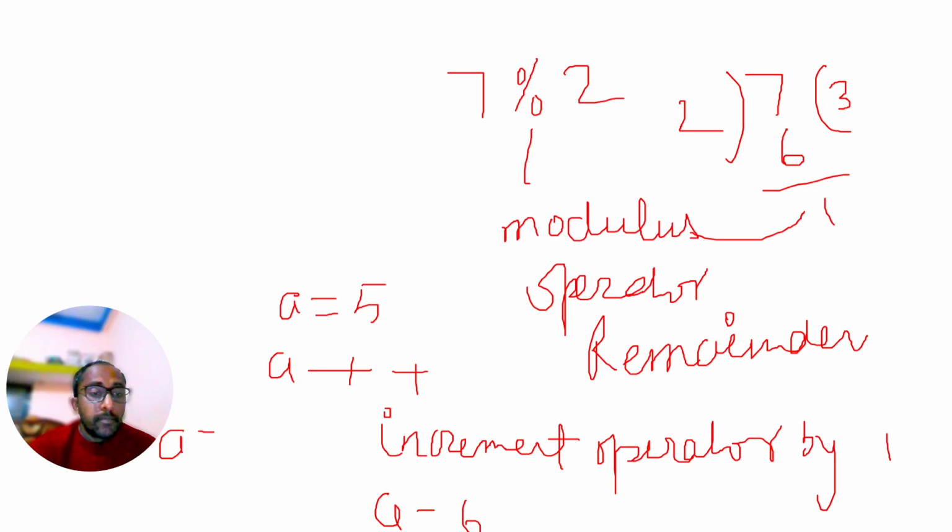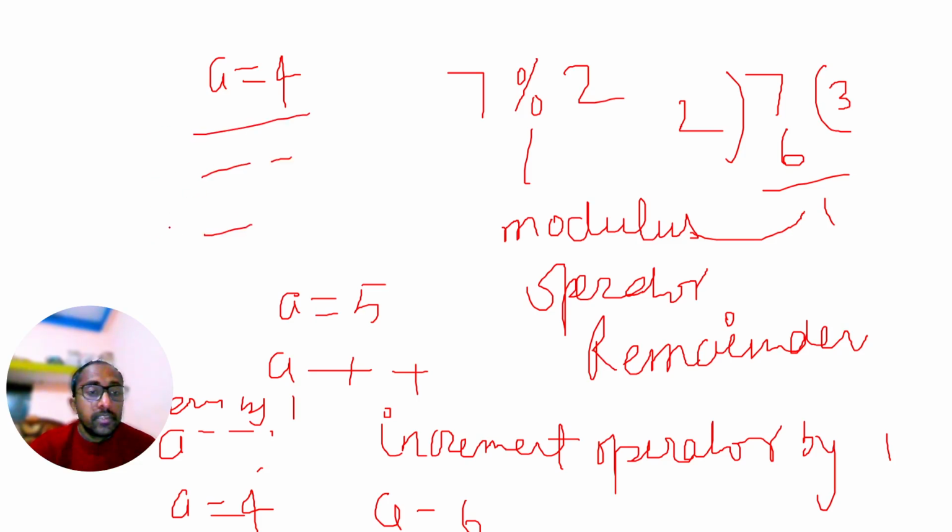And a minus minus decreases by 1, so a becomes 4. That is the decrement operator.